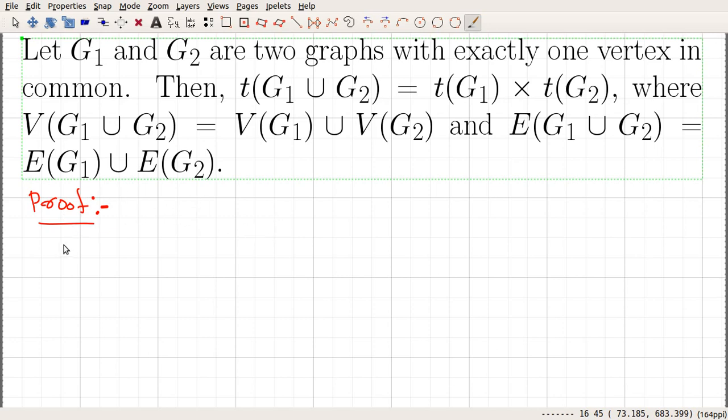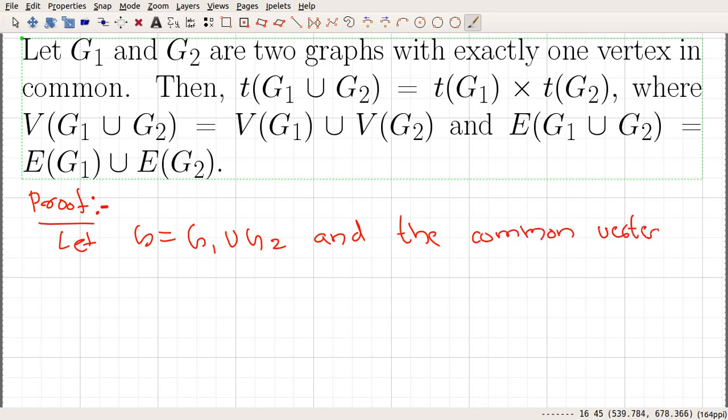Okay, so let G be the union of these two graphs, G1 union G2, and let the common vertex be u.